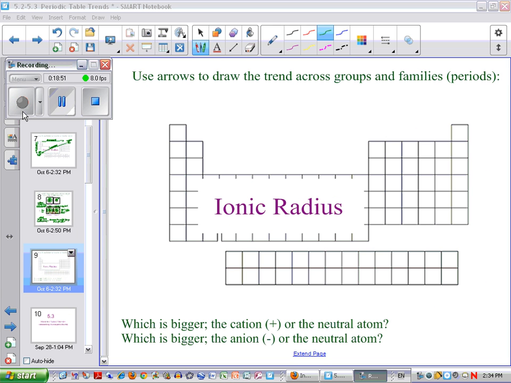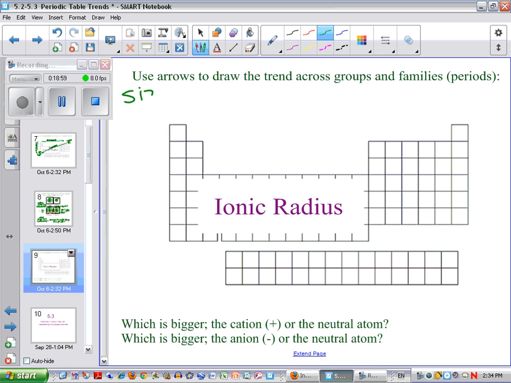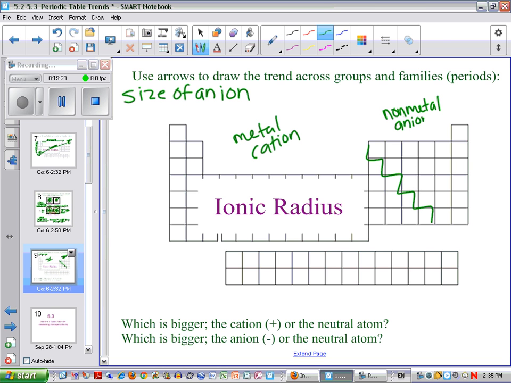So let's look at this trend as a whole. Ionic radius, which we need to make sure we define. Well, if atomic radius is the size of an atom, this is simply the size of an ion. And because this side of the periodic table, the left side, are metals that form cations, we have to consider them differently than the right side of the periodic table made of nonmetals that form anions.